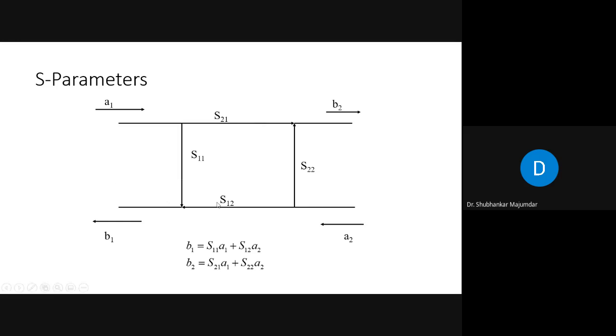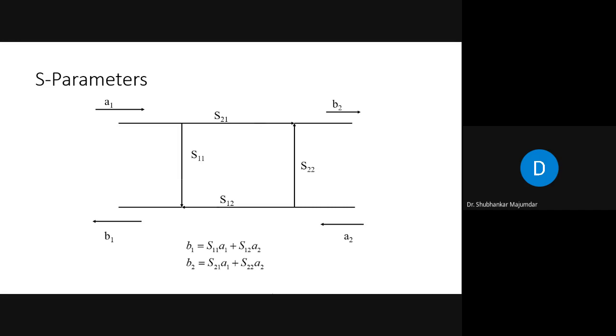If it is S12, it is how much power is reflected back to port 1 from port 2. So these are basically reflection coefficients. We calculate the reflection coefficient from this, and the waveforms are represented as A and B. B1 is the reflected output from port 1, and B2 is the reflected output from port 2.